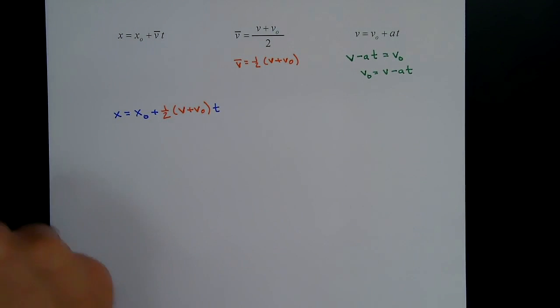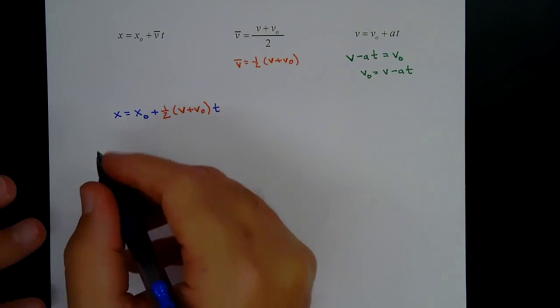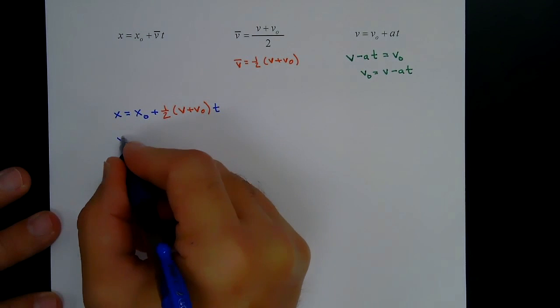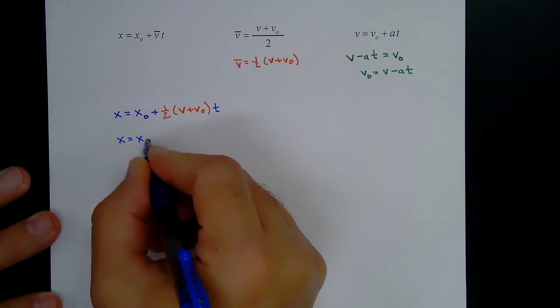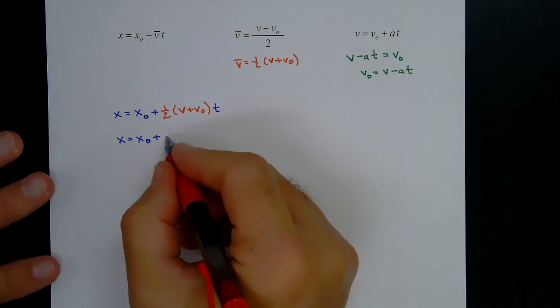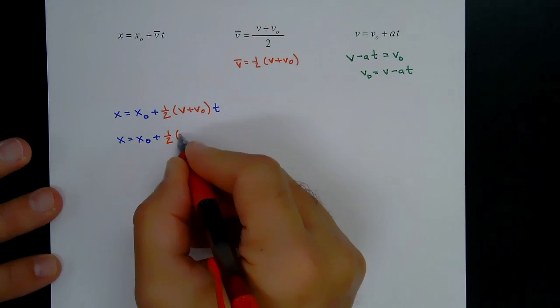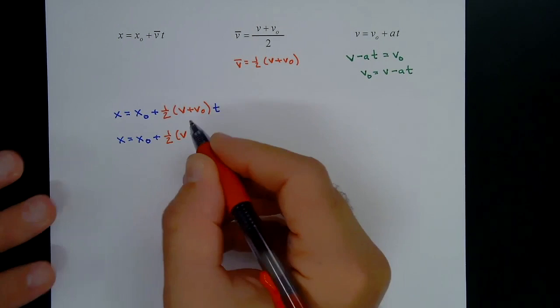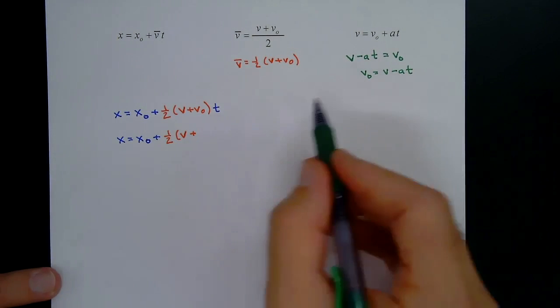All right. So now I have x is equal to x sub o plus 1/2 times v plus, and this part becomes v minus at.